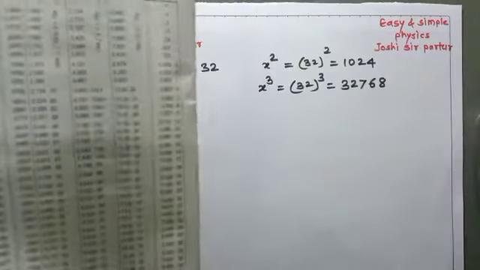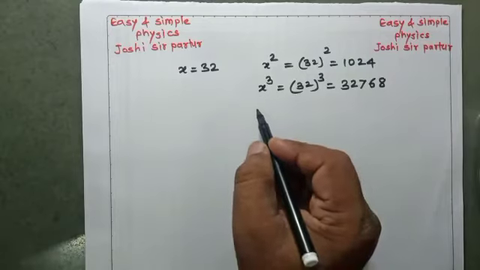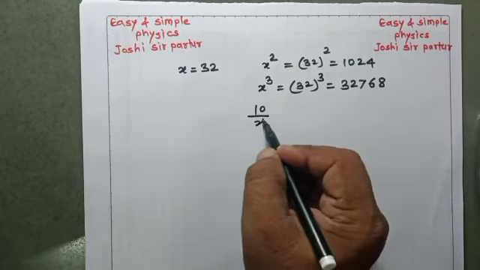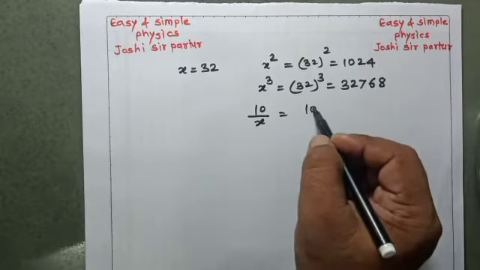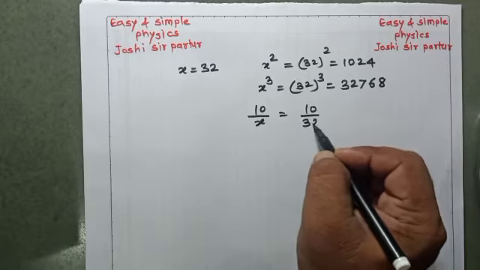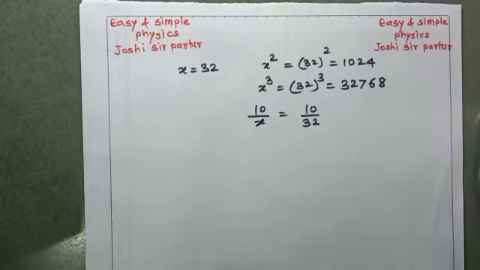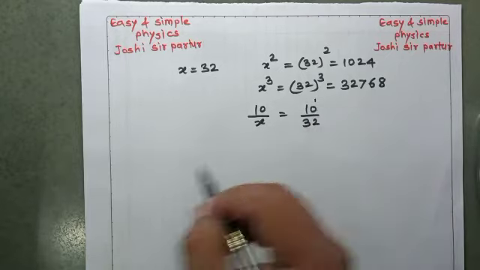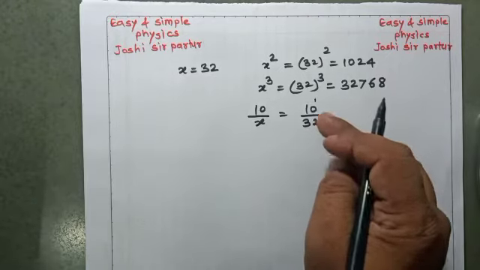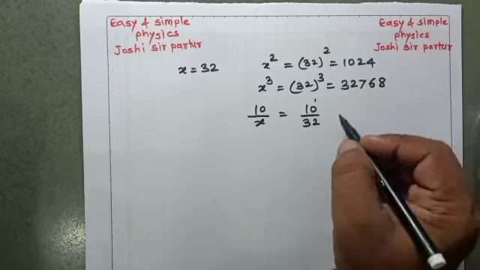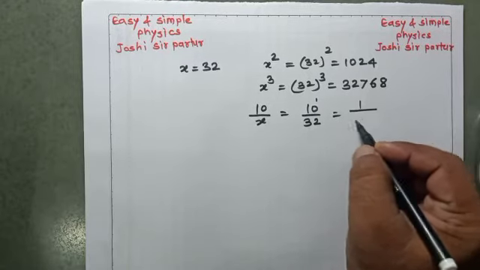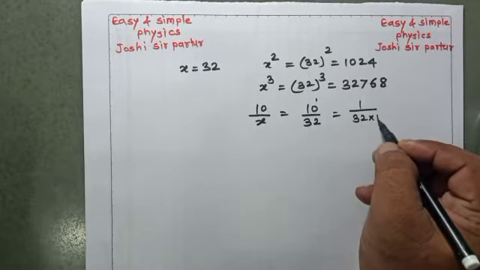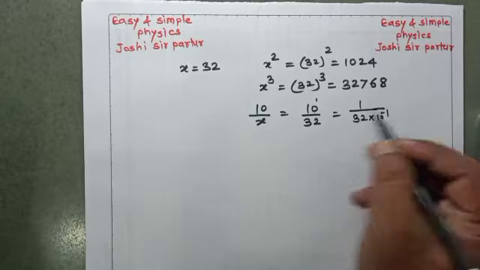If we want to find 10 upon x, means 10 upon 32, what happens? This 10 has power 1. The numerator value is shifted to the denominator, that is 1 upon 32 into 10 raised to minus 1.